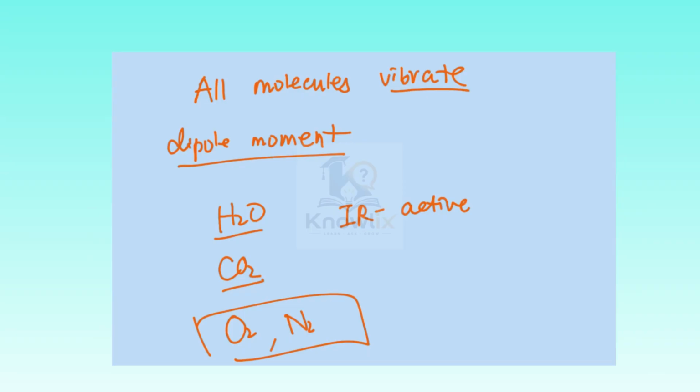Okay, they are homonuclear, and there is no change in the dipole moment. So oxygen and nitrogen cannot have a dipole moment, no matter how far apart or close together these two atoms are. So these are IR inactive.